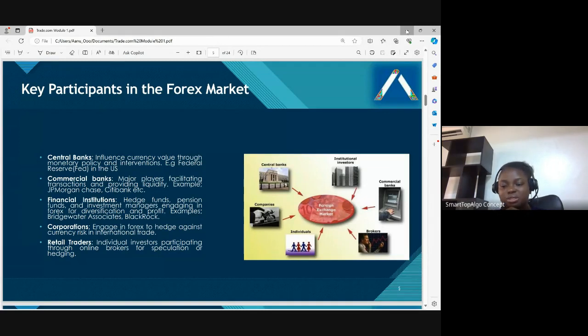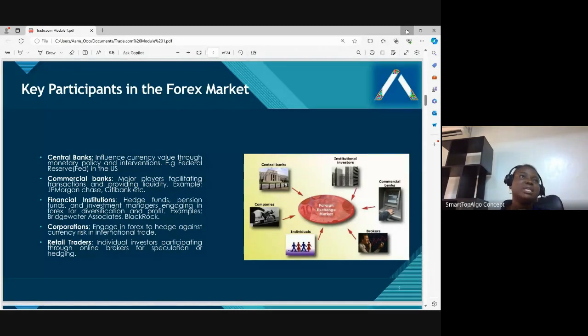Number one, we have the central bank. Basically, the work of the central bank is to help influence their currency value. What do I mean by this? The central bank doesn't want the value of their currency to either continue to go up or continue to go down. They don't want demand and supply alone to control their currency.